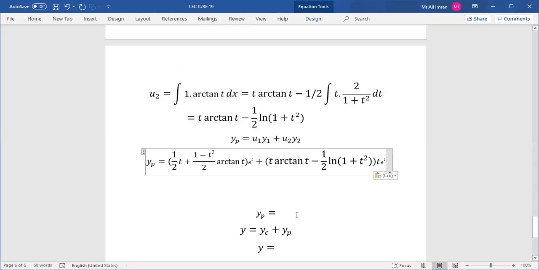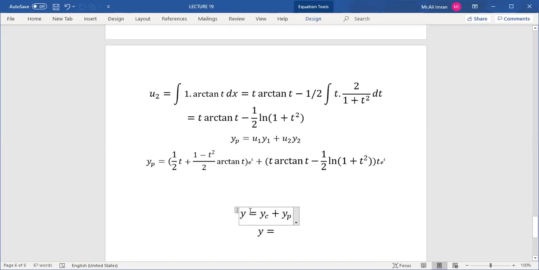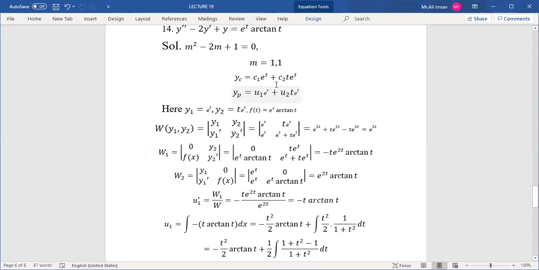This is yp, and we can write the total solution y is equal to yc plus yp, which is this one.